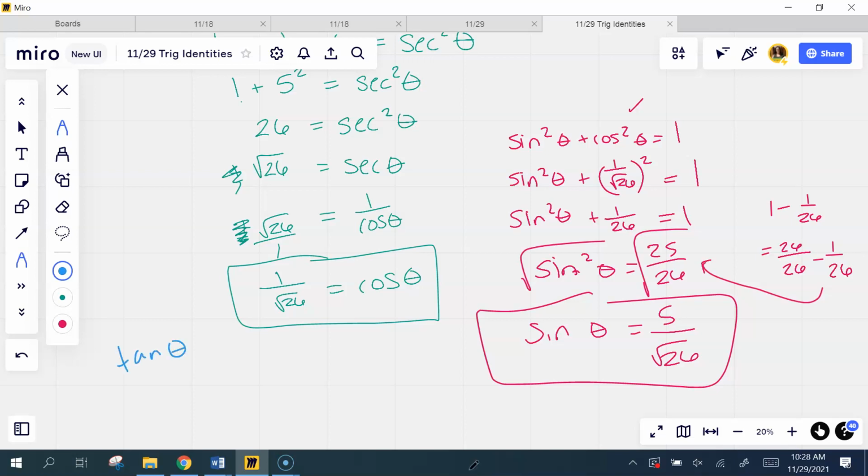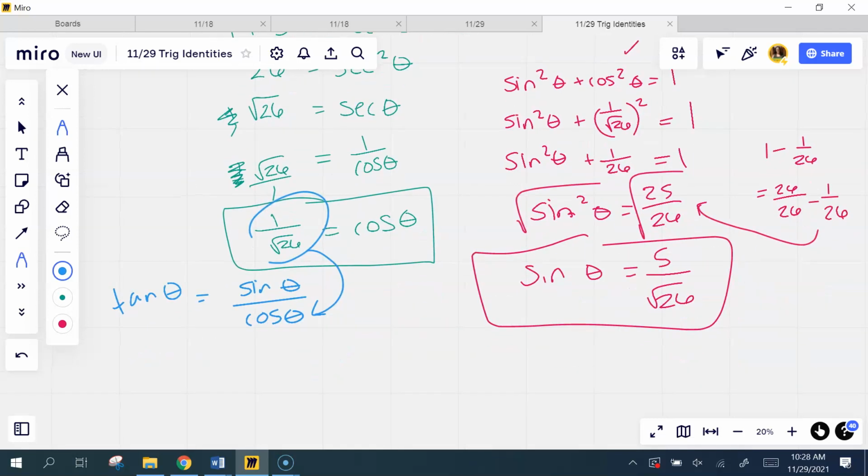What's another way to write tangent? If we know cosine, 5 equals sine over cosine, right? And I could just multiply both sides by this.